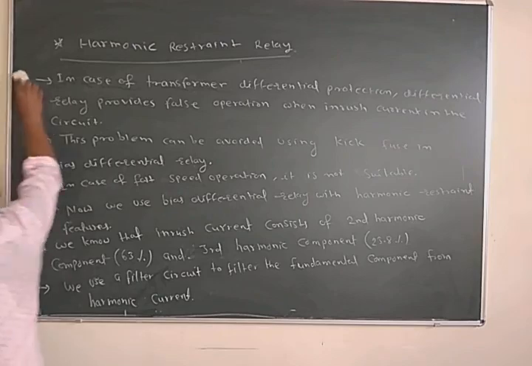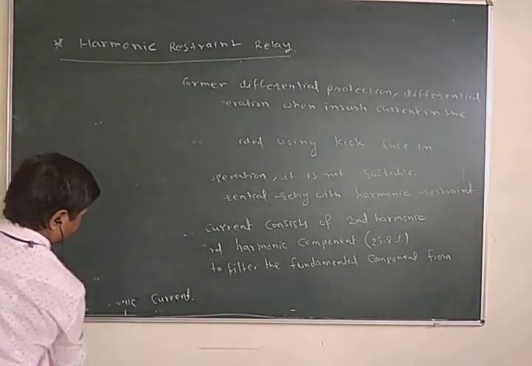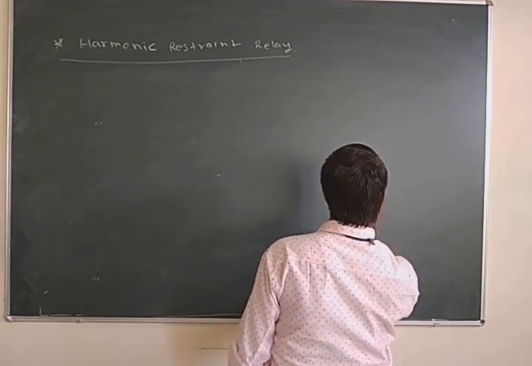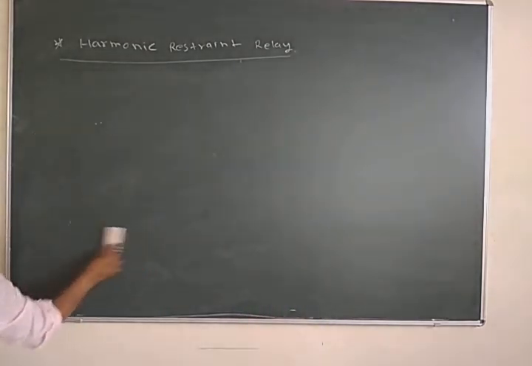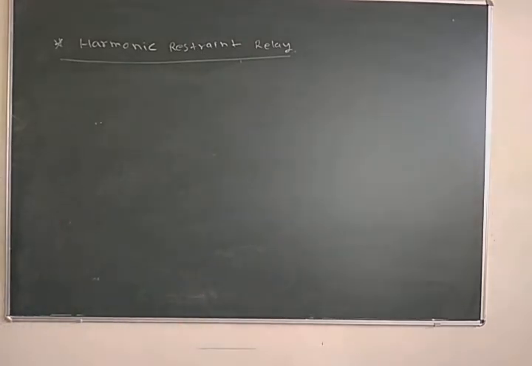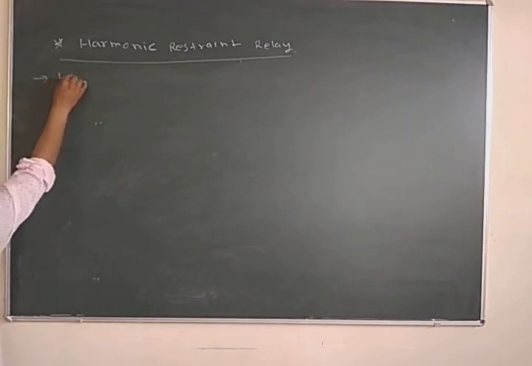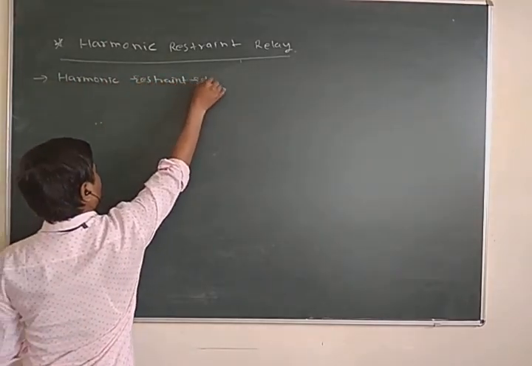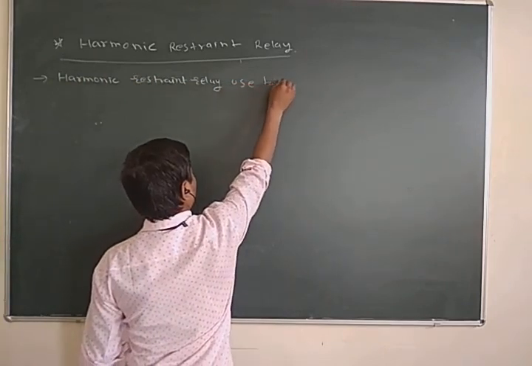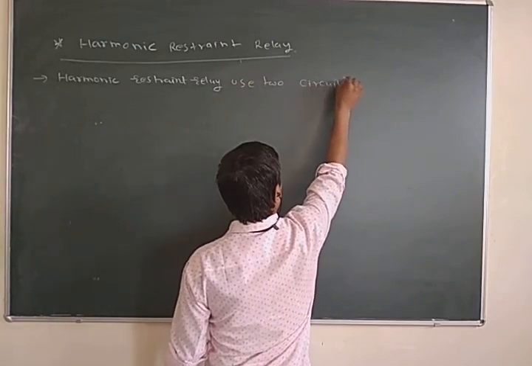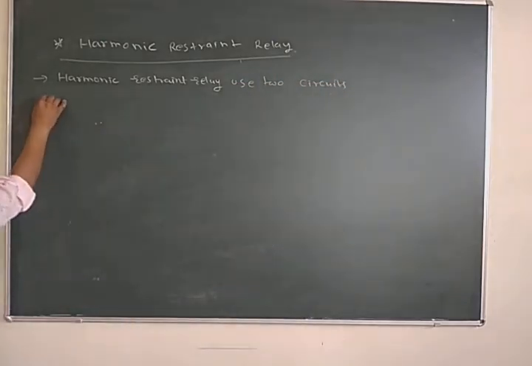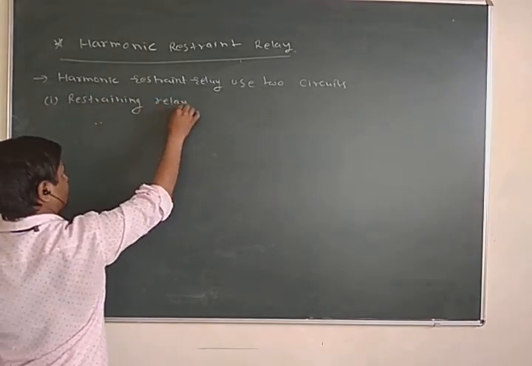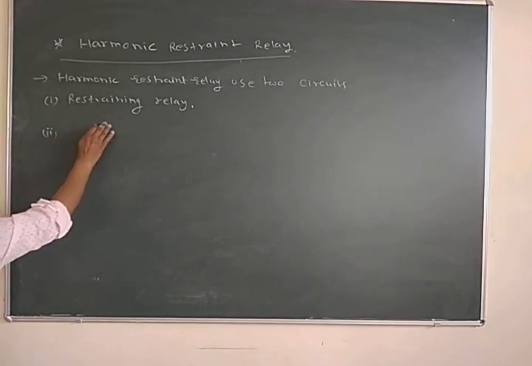Next is the harmonic restraint relay. We use two circuits, one is the restraining coil, and second is the operating coil.